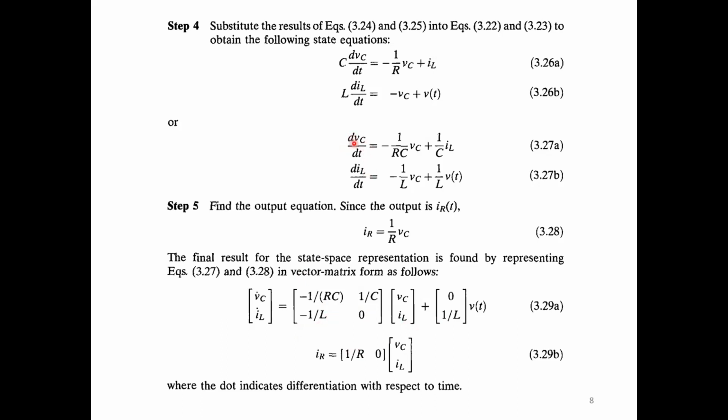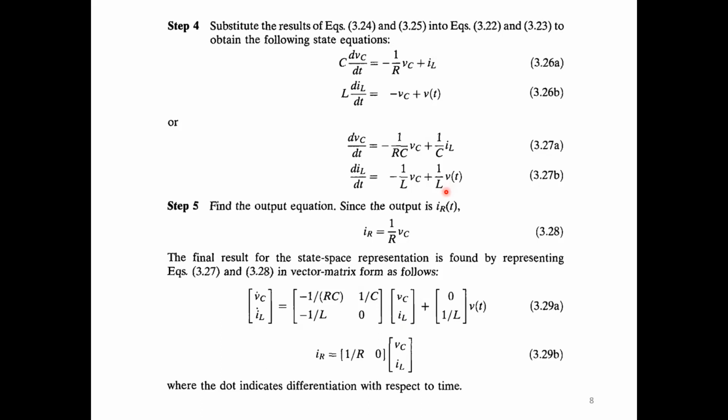So see, d by dt of VC, that means VC dot, and d by dt of IL, that means IL dot. For this one, minus 1 over RC, 1 by C, minus 1 by L, and plus 0, I think.